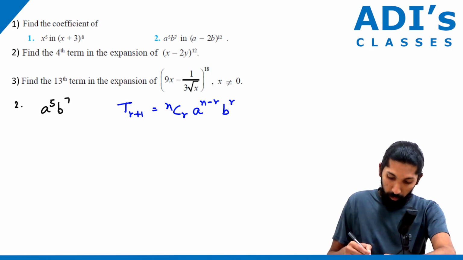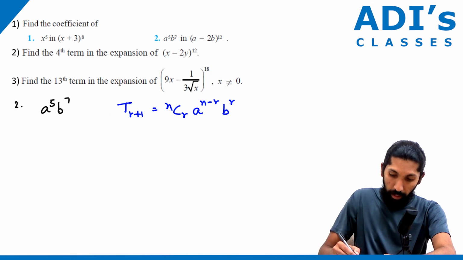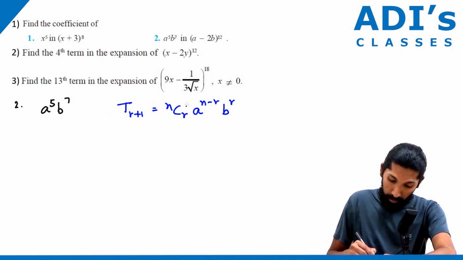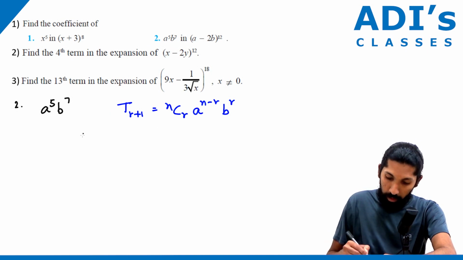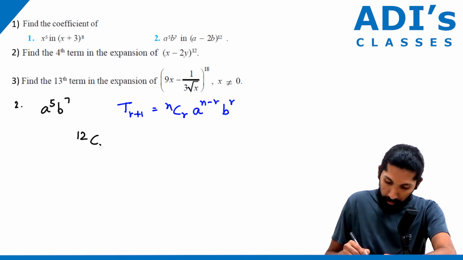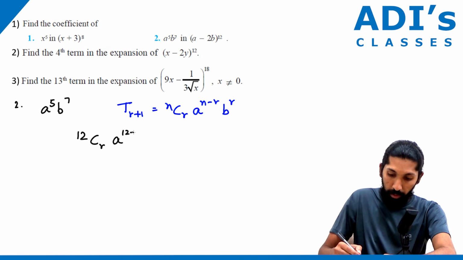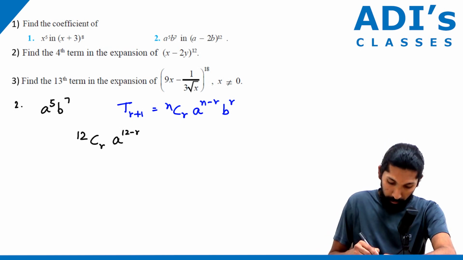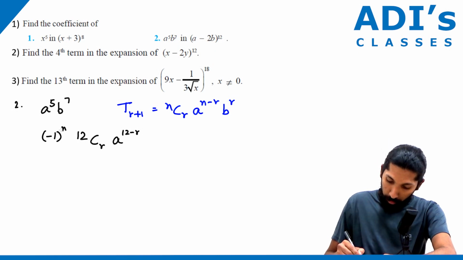So now n value is 12, 12Cr into a to the power of 12 minus r into b value, which is minus 2b to the power of r.